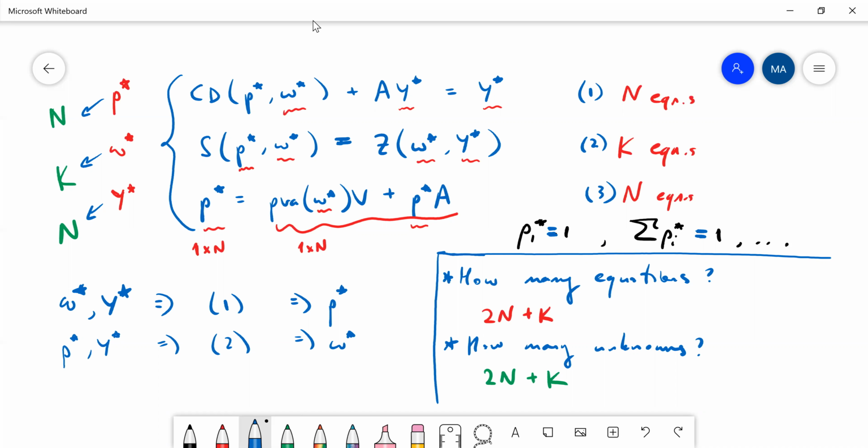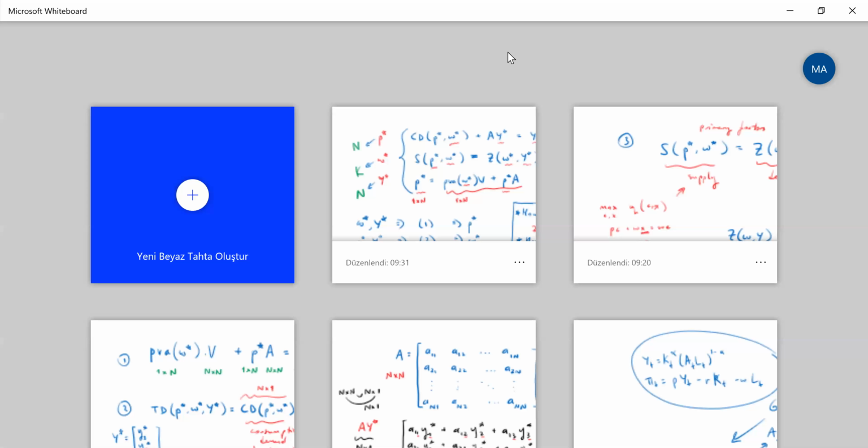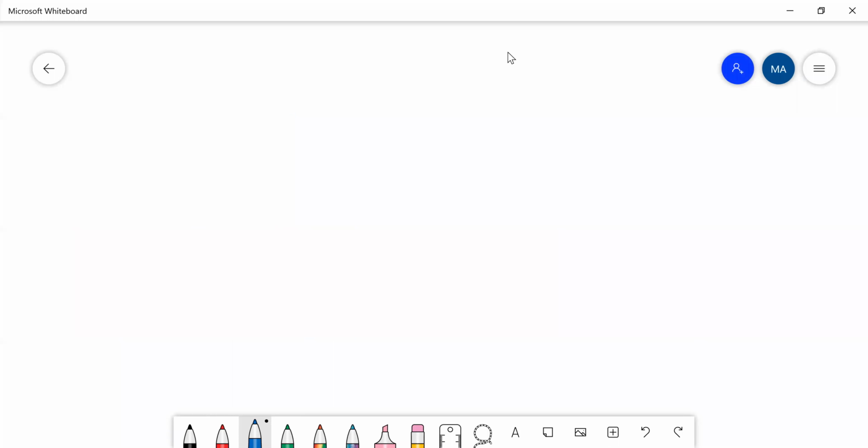Now, there is also a practical concern. And the practical concern is about the curse of dimensionality. Okay, the curse of dimensionality.